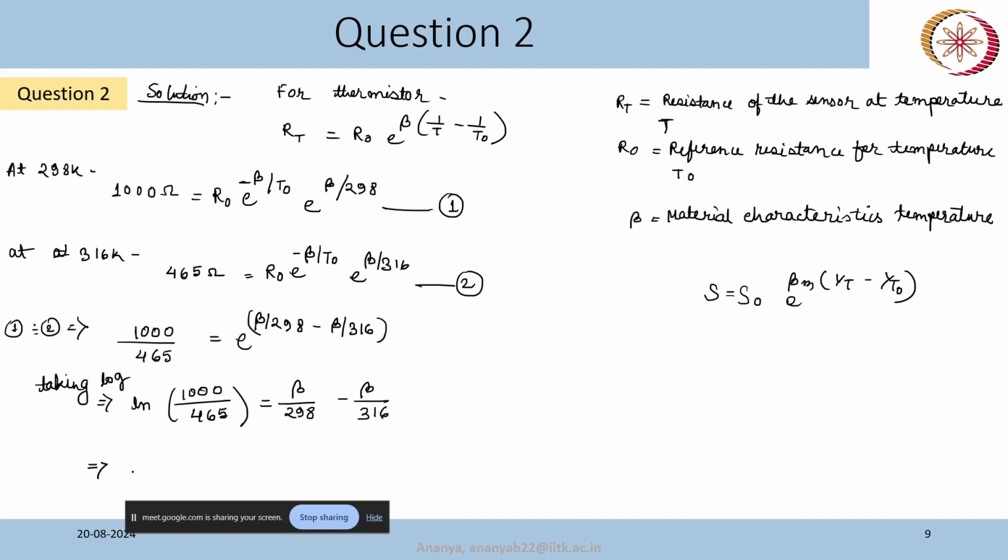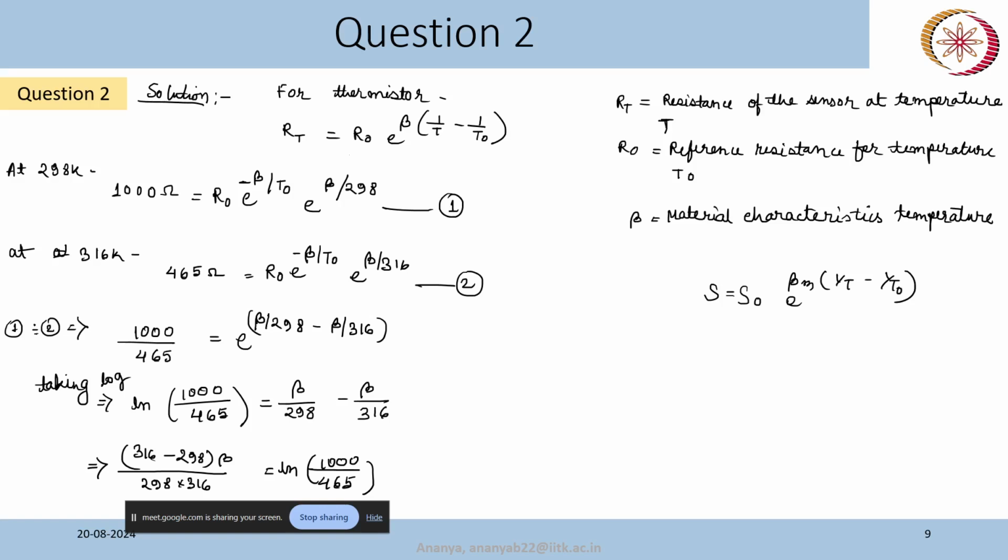So beta is our unknown here, so this will be 298 into 316 minus 298 into beta is equal to ln of 1000 by 465.